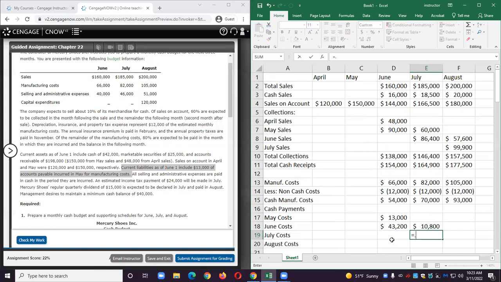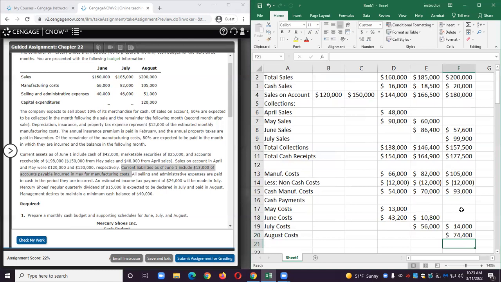And then 80% of the July cash manufacturing costs are going to be paid in July. And the remaining 20% will be paid in August. And then 80% of the August cash manufacturing costs will be paid in August, and the remaining 20% will be paid in September. Don't care about September because I'm doing this one.